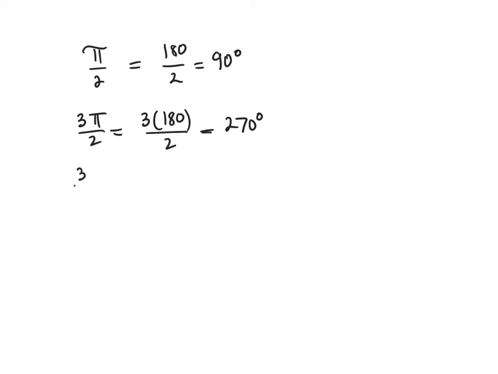If I said 3/4 pi radians, that would be 3/4 times, again, pi radians is 180 degrees, and 3 times 180 divided by 4 is 135 degrees. This works really nicely when you're going from radians to degrees.